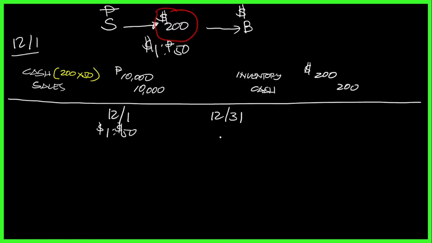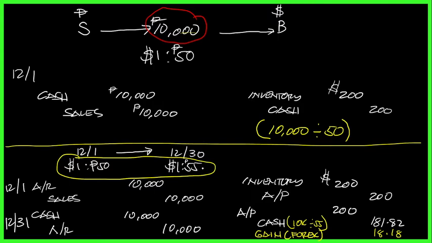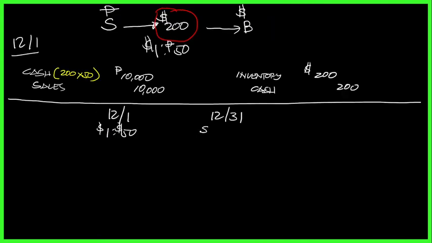But as of December 31, what did we use earlier? Earlier we used 1 is to 55, so let's just use this. What are now the necessary journal entries in the books of the seller?